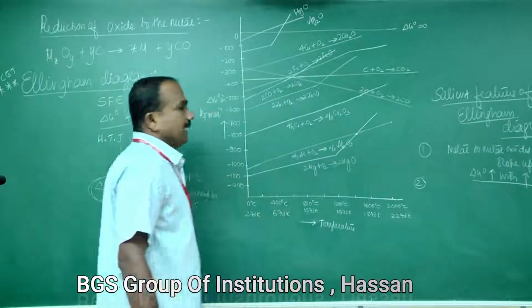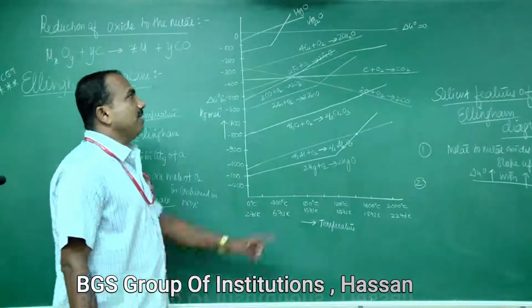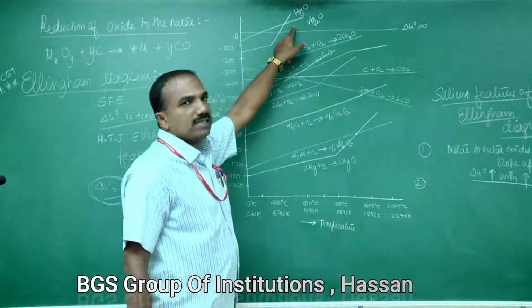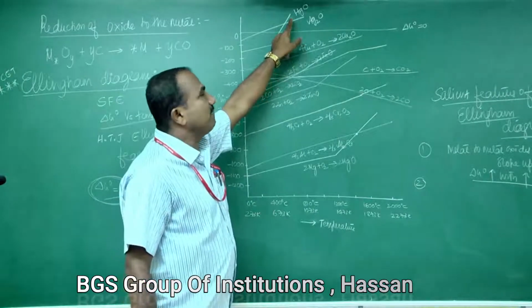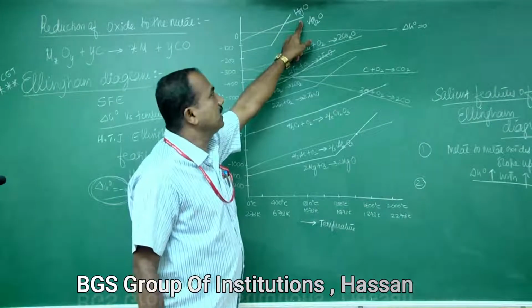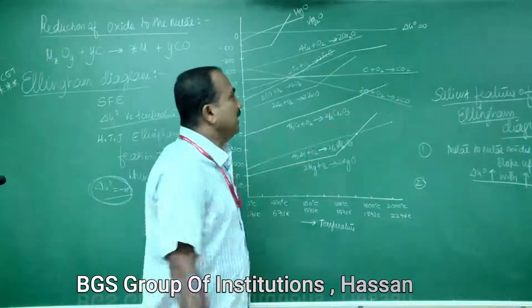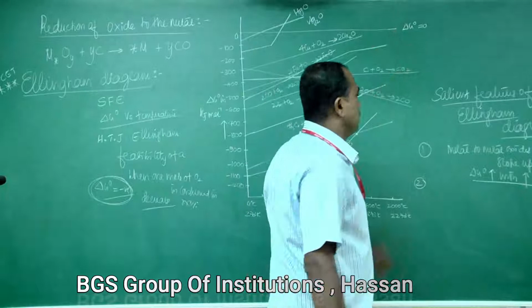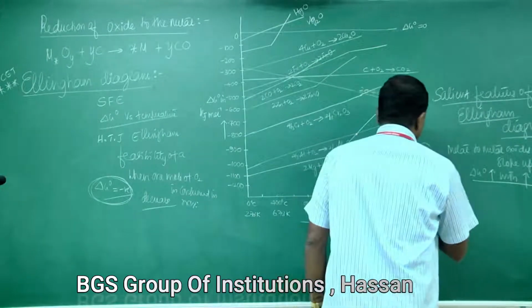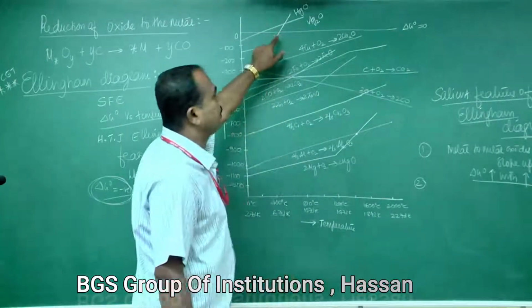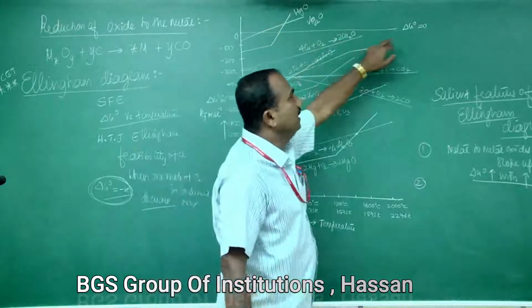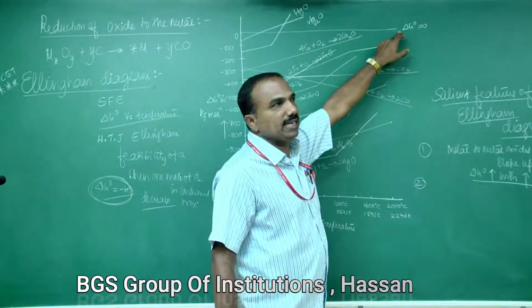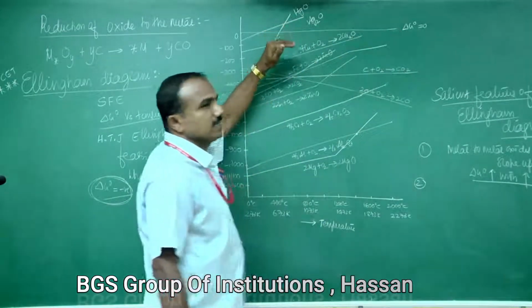Second one, the graphs for the formation of mercuric oxide and silver oxide cross the delta G naught is equal to 0 line. If these two graphs are below this line, these two metal oxides are stable.